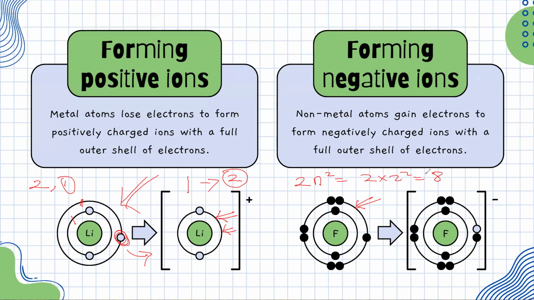So it can occupy 8 electrons, but it has 7 electrons over here. So what will now happen? It will take that 1 electron that lithium has lost. So that 1 electron travels all the way to fluorine, and fluorine gains it and becomes negatively charged. That is why you have a minus sign over here. Did you all see that?